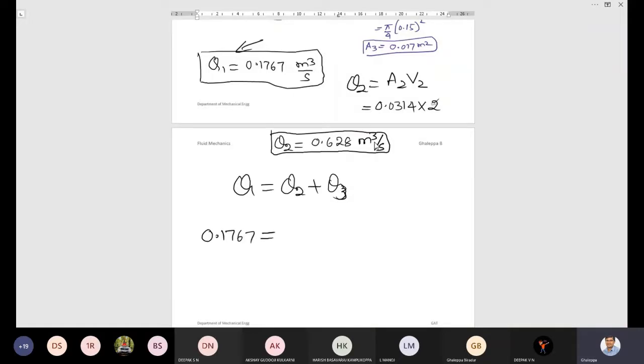What is Q2? Q3 we don't know, because discharge is equal to area and velocity. Q3 is equal to A3 V3. Q2 is 0.0628, sorry, we have corrected.